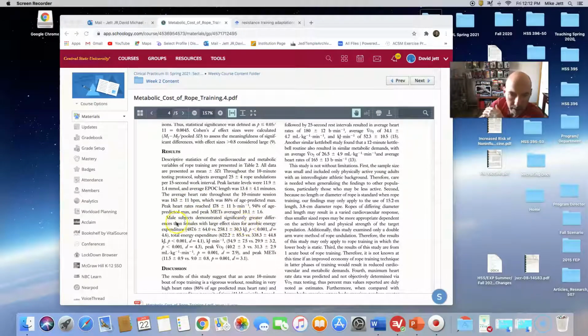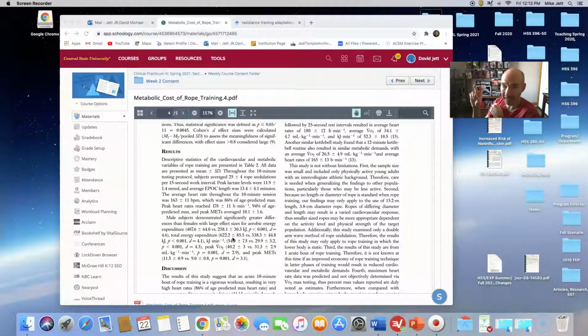So notice here it says male subjects demonstrated significantly greater differences than females in these, okay? So significantly greater, that's a key word, significant. If it's not significant, then that tells you that the protocol did not work. But if it is a significant difference, that means the protocol was effective.